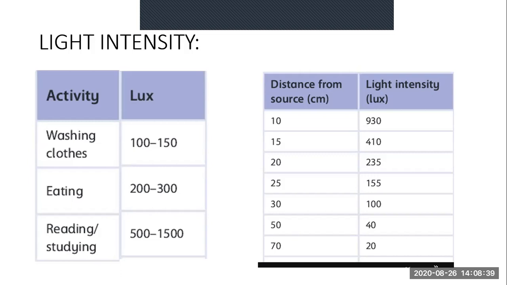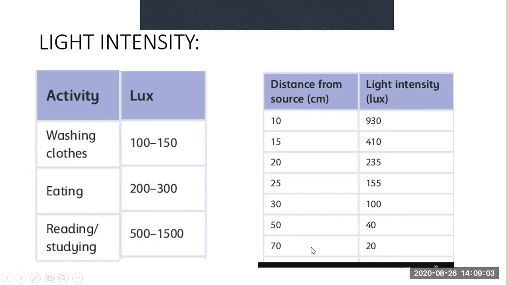It means if it is far away, like 70 centimeters, it will be darker because the light intensity, as you see, is smaller. If it is a near place, light intensity is higher.